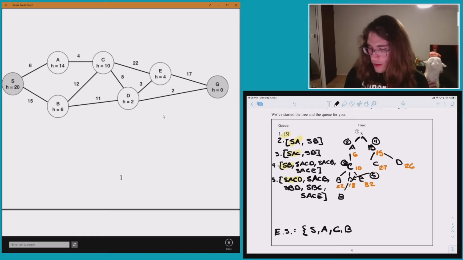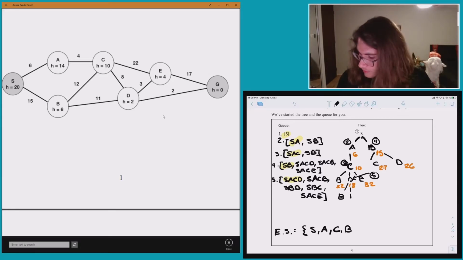Even though B is in the extended set, we're not expanding B. B, E, G.